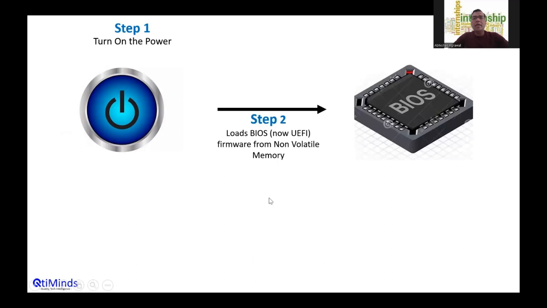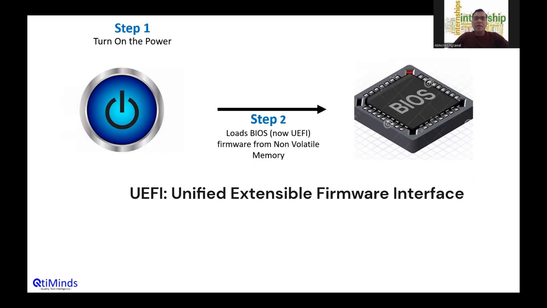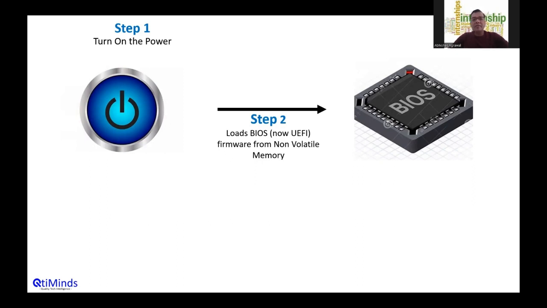So what happens as soon as you click on this switch and turn on the power? As step two, we have some firmware available, which is the BIOS firmware, basic input output system firmware. Nowadays, people are calling it UEFI, Unified Extensible Firmware Interface.